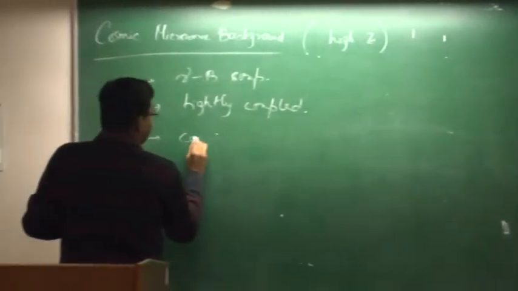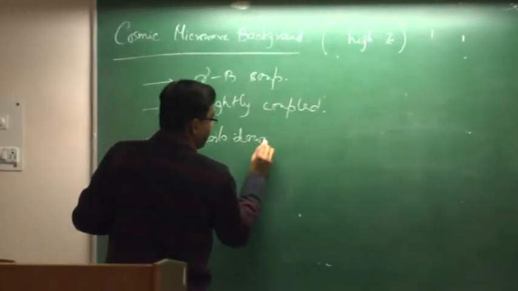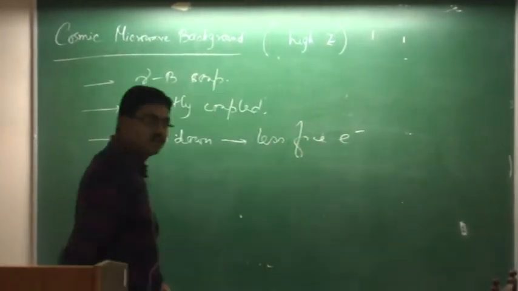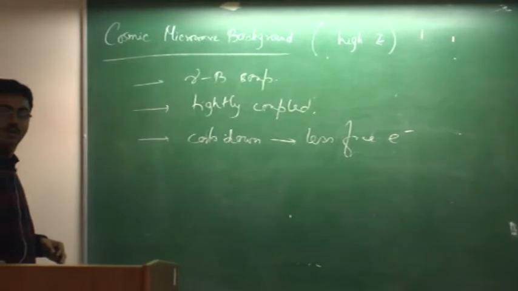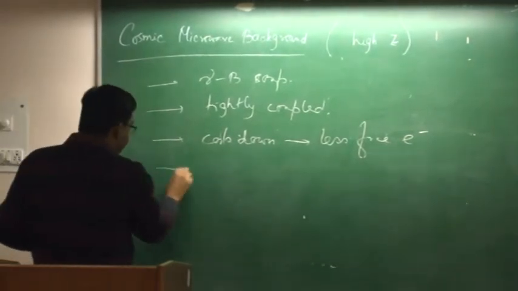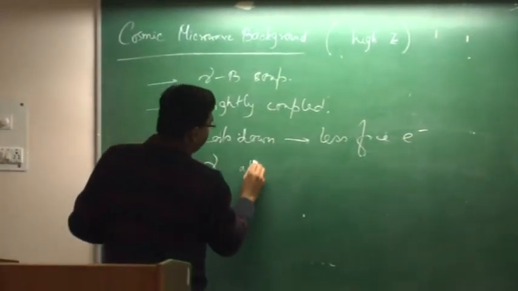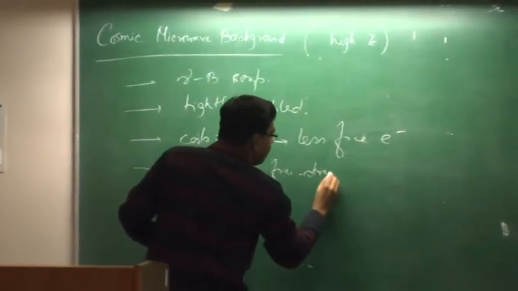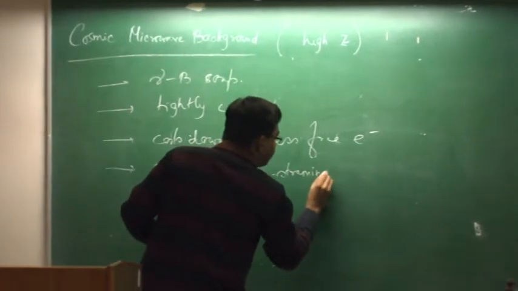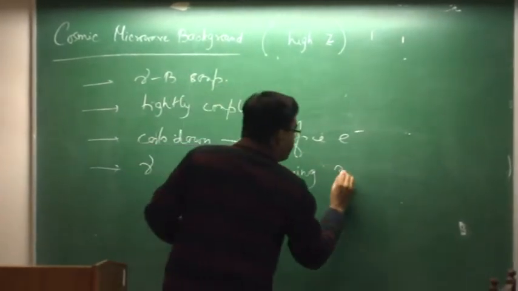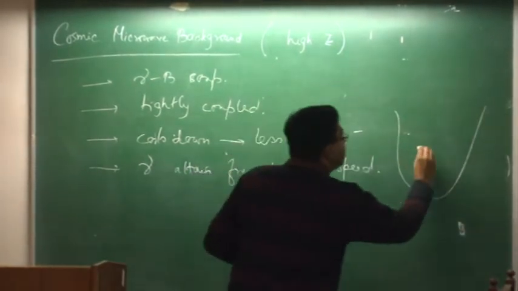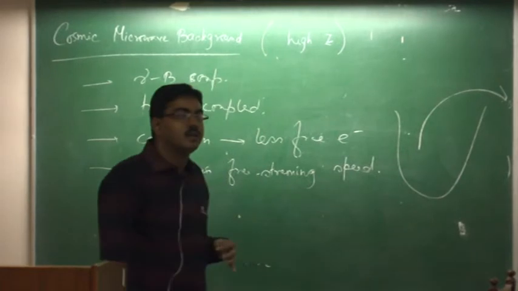So basically when the universe cools down, you have fewer free electrons. At some point photons attain free streaming speed. Forget about these names, try to understand the physics. Free streaming speed means you have a potential well and the photon comes out of that potential well.